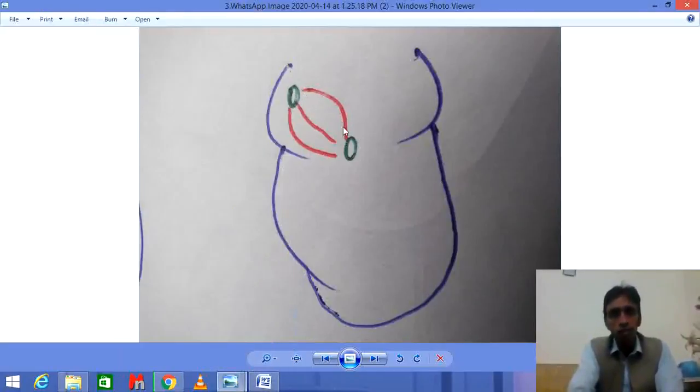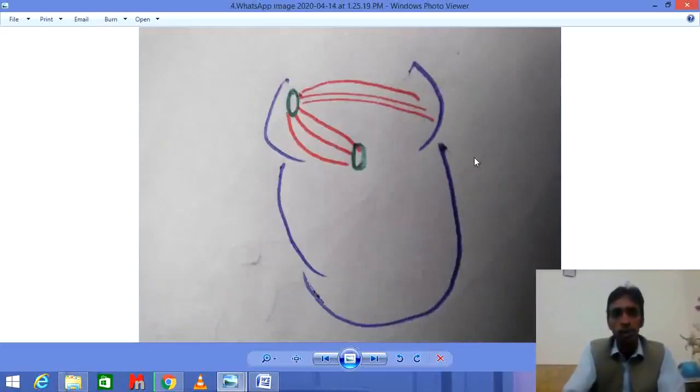As the name indicates, one goes from the SA node to the AV node anteriorly, one goes through the middle of the heart, and one goes posteriorly from atrium to ventricle.